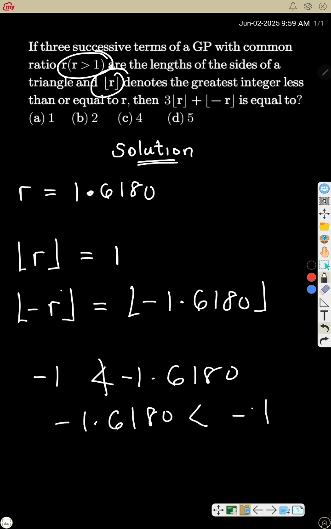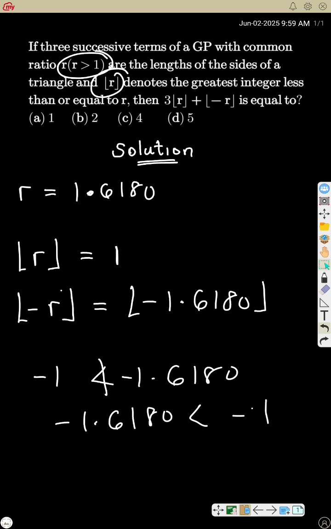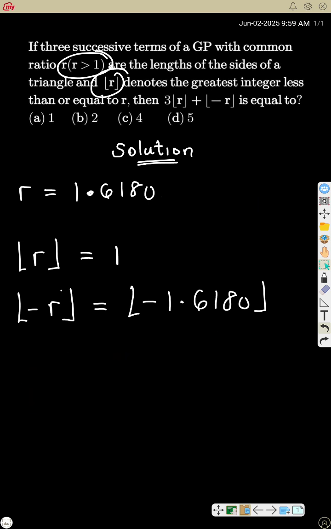Take notes. For positive, 1.6180 is greater than 1. But for negative, minus 1.6180 is less than minus 1, because minus 1 will be bigger than that. So that is why we can't say the answer here is minus 1 as the floor.